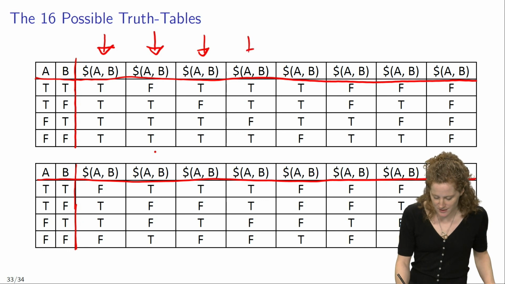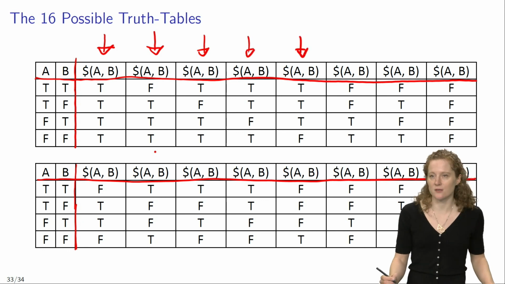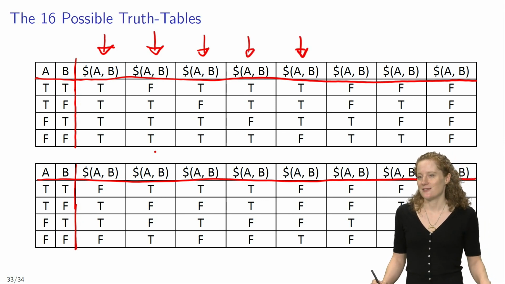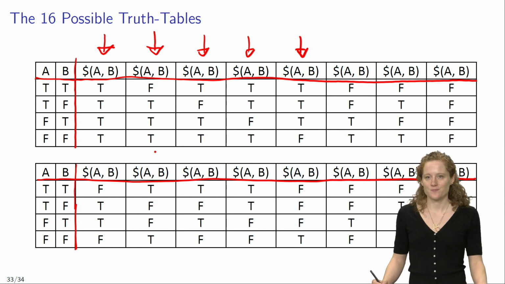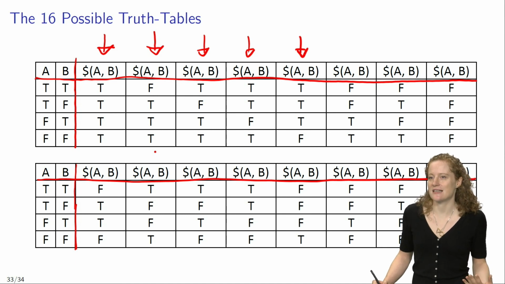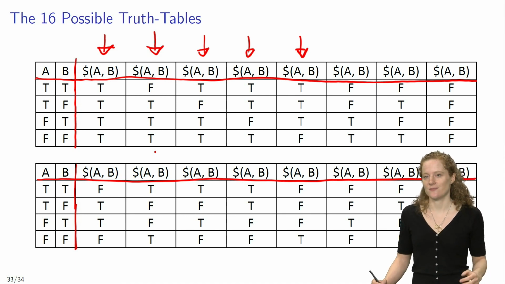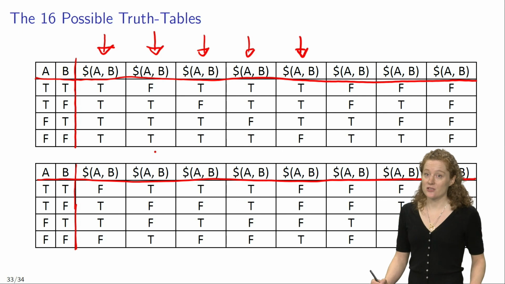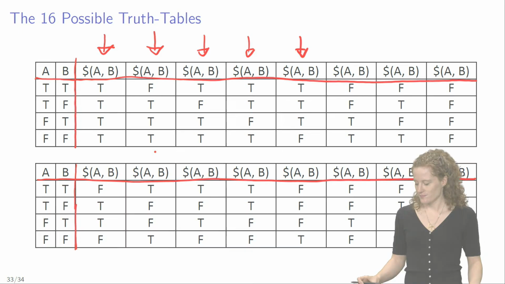Each one of these columns represents one possible truth table for the sentence $AB. And now the fact is that for each of these truth tables, we already have a TFL sentence with that truth table. And that means that $AB is redundant.